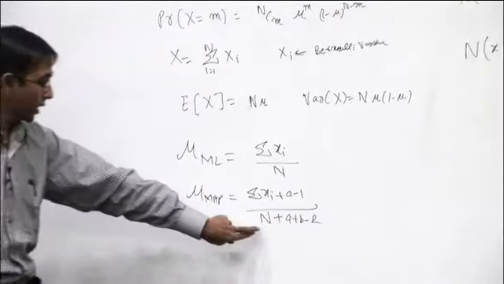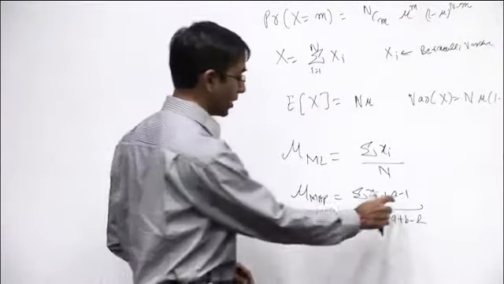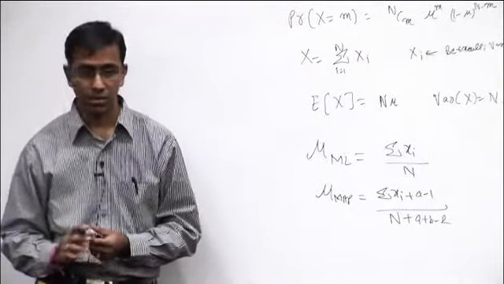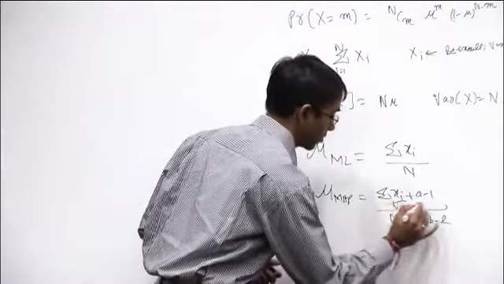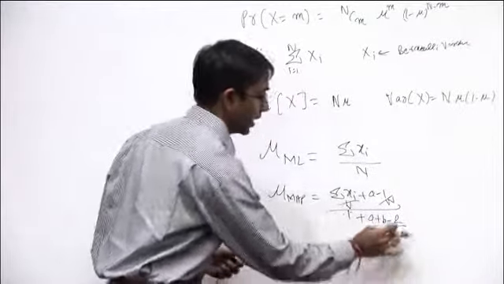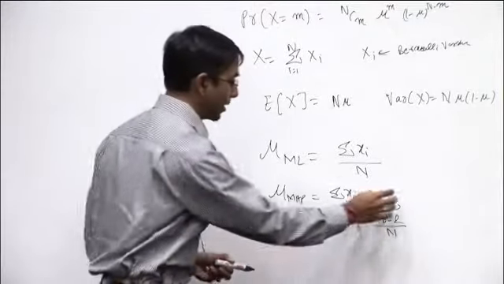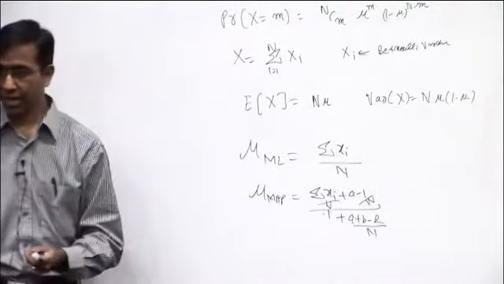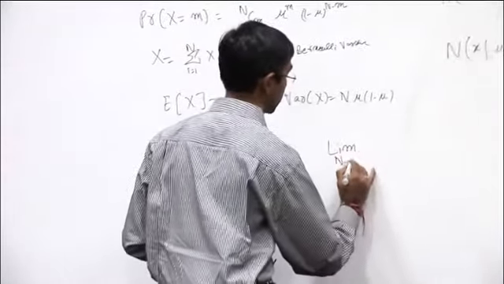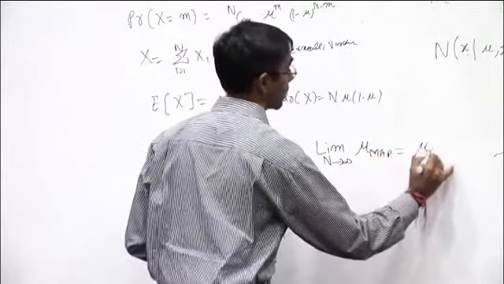Here you can observe that if your n tends to infinity, then the effect of these two things will go away. If you divide by n, this will be 1 over n, and now take your n to be infinity, that is, you have many samples, then the effect of your prior will disappear, and in the limit n tends to infinity, your MAP solution will be equal to your maximum likelihood estimate.